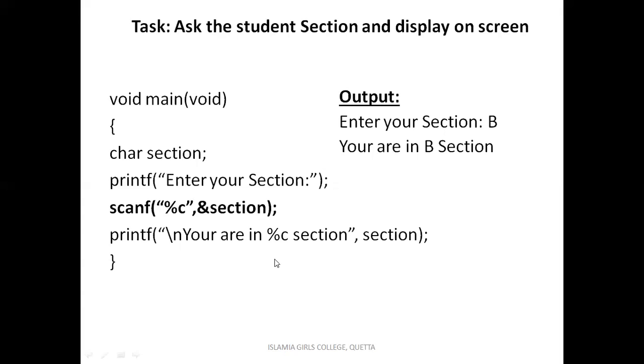So we will ask the student to enter your section, and whatever the section student enters, we will be using &section to store it in the section variable. As you can see in this program, the student has entered the section B. So B will be stored in section, and in the next statement you print it again on the screen, you are in B section, here the %c, and it will be displayed on the screen.